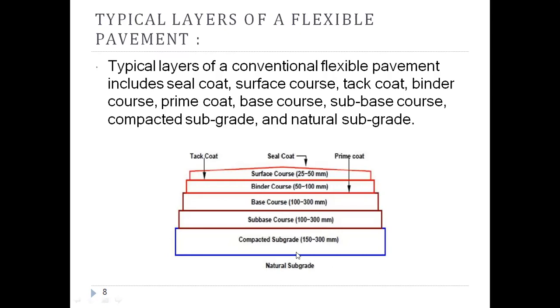If the soil we are laying the pavement on is not suitable and cannot withstand the loads, we can dig out a layer of the soil, keep the natural subgrade, and compact the subgrade to a depth of 150 to 300 mm. The base and sub-base courses are all aggregates, with aggregate sizes reduced, and a binder course of aggregates.